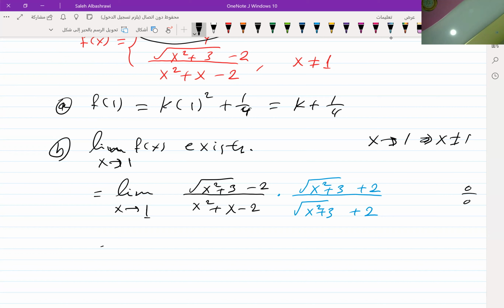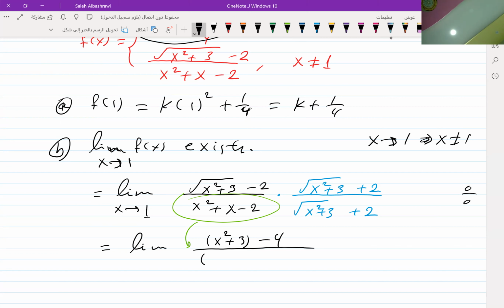So this will give me the limit of, using the same identity that we have used before, a minus b multiplied by a plus b equals a squared minus b squared. So the numerator will be just x squared plus 3 minus 4, divided by this one. I'm going to write it as a product between two factors.